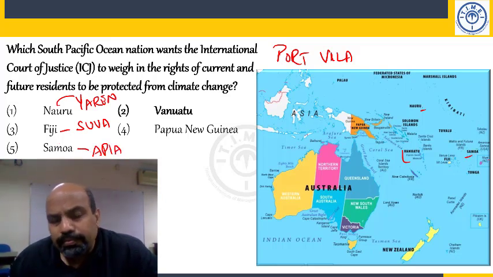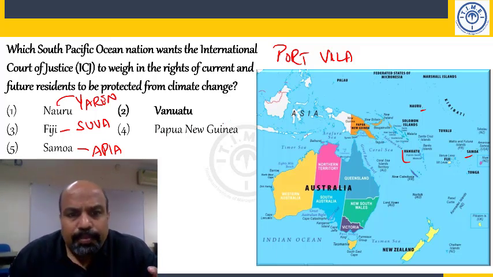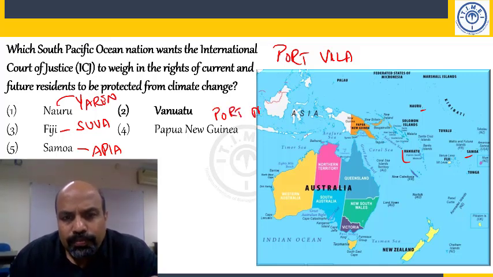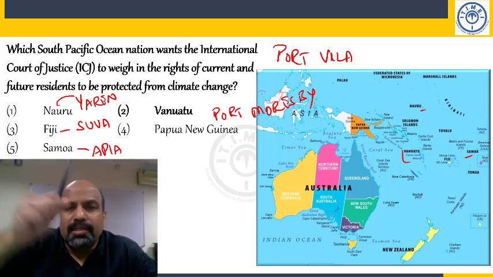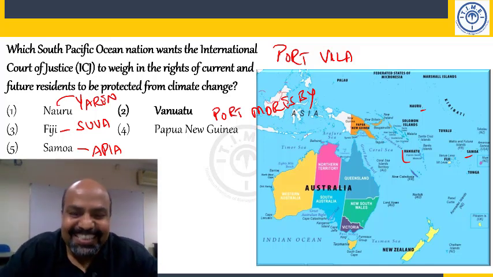Papua New Guinea, and the capital is Port Moresby. It is believed that in this country, language changes every 8 kilometers.